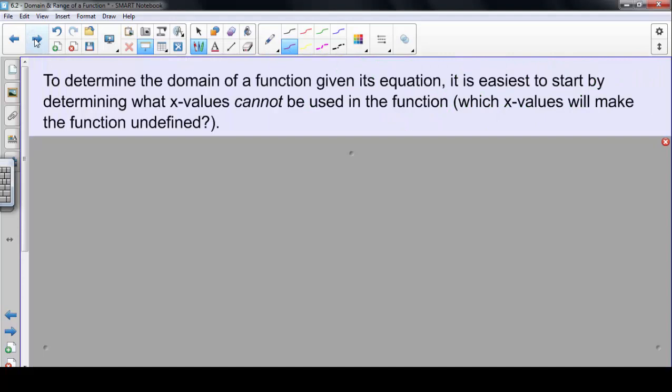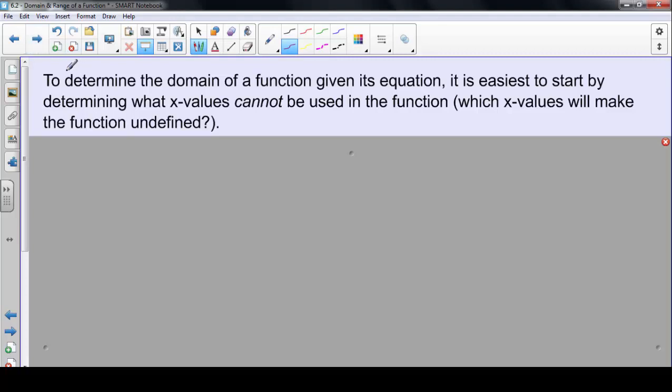So now we're going to switch to determining just the domain of different equations or functions. The easiest way to start these is to actually look at it backwards and say, okay, are there any x values that we can't have in this function?